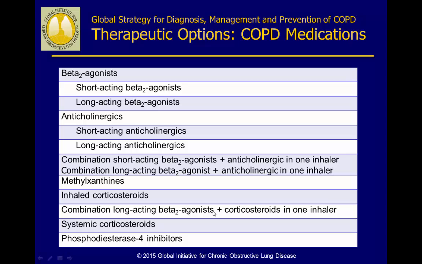In addition to that, antibiotic. And the antibiotic, basically what you're trying to cover here is Streptococcus pneumoniae, Moraxella catarrhalis, and Haemophilus influenzae, which, if you remember, are exactly the same microorganisms for pneumonia. Now, in patients with more severe disease, you must remember gram-negative bacteria, which is Pseudomonas.